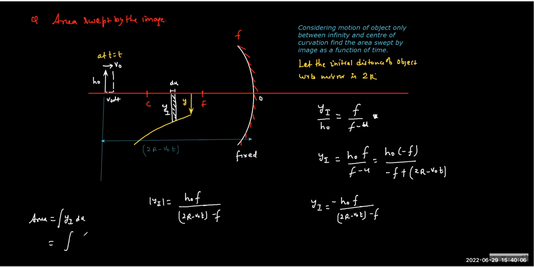So yi is how much? And dx you can write as v naught dt. And you can start at 0 to t. This is the area under the curve.